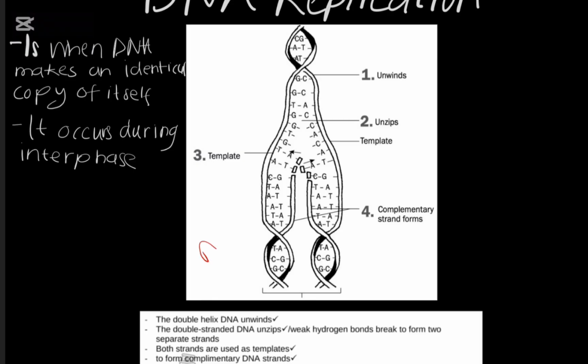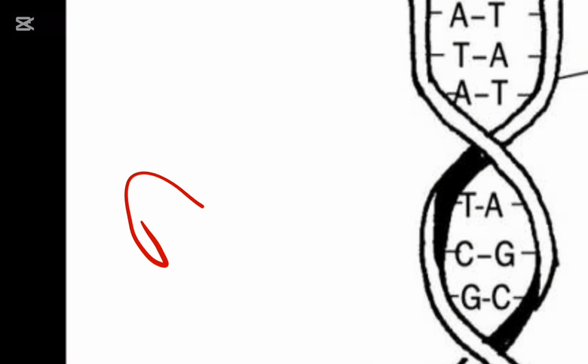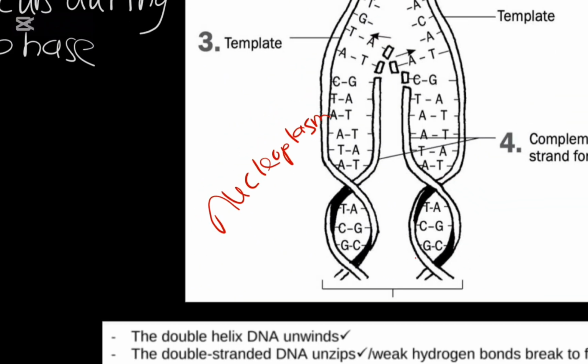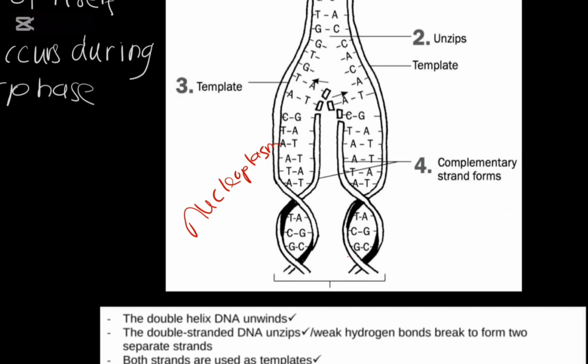Let's assume that this white area is the nucleoplasm. They are all from the nucleoplasm. In the nucleoplasm, these nucleotides are allowed to freely float.